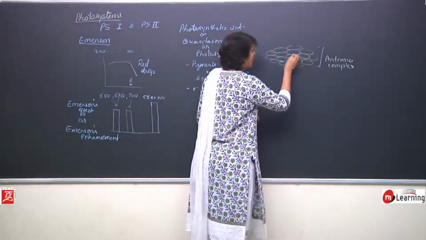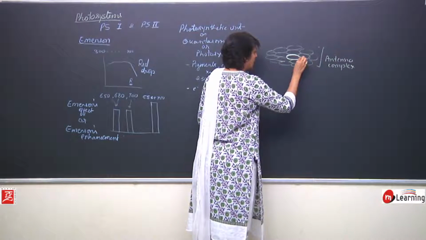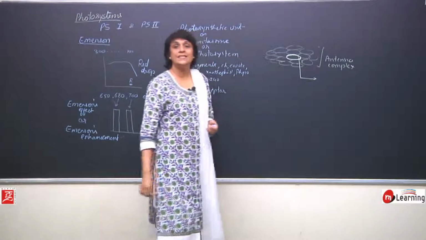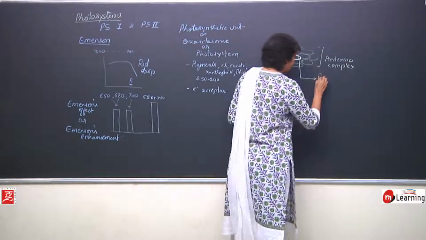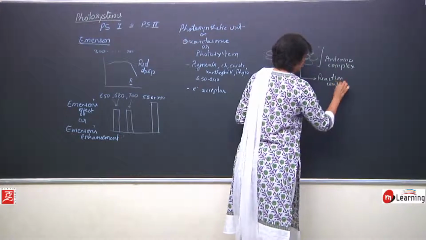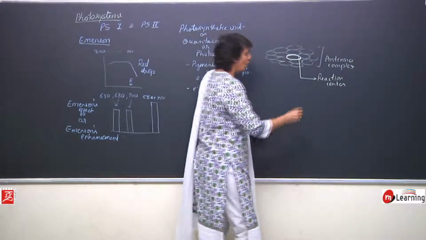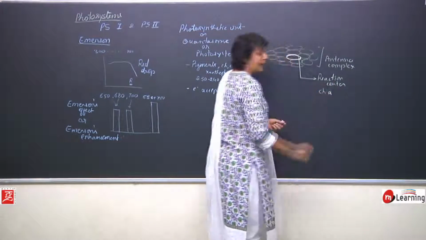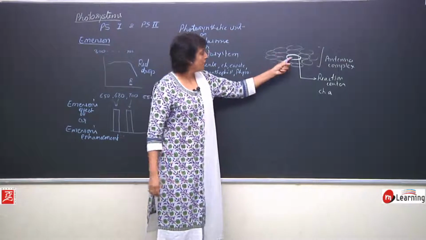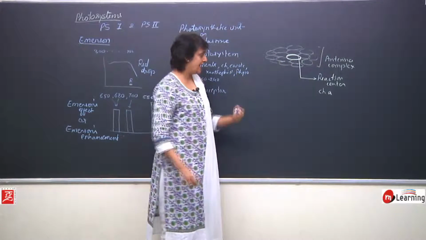Here one pigment is the most important one, and this important pigment is known as the reaction center. This reaction center pigment is always chlorophyll A. So whether it is PS1 or PS2, the reaction center chlorophyll is always chlorophyll A.